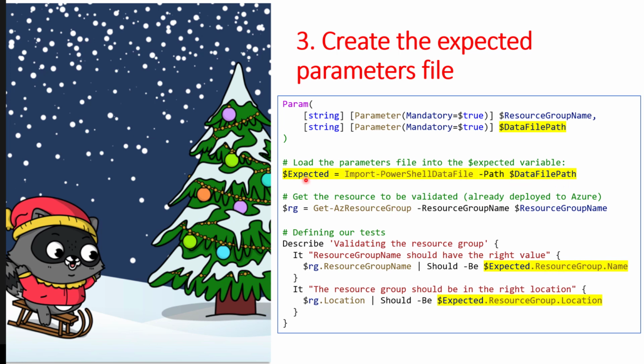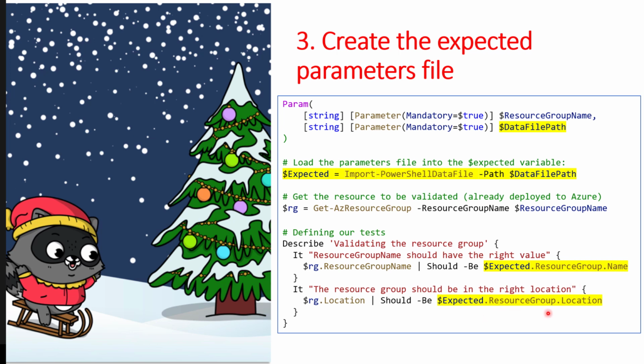So here, for example, for the resource group name, in my expected file, I have a section called resource group, and in that section I have a key value pair named name, which represents the name of that resource group.